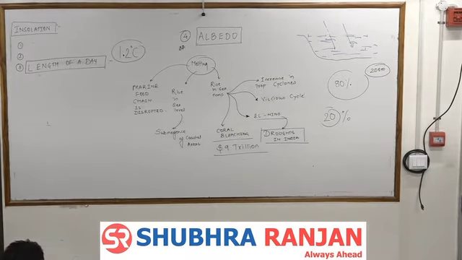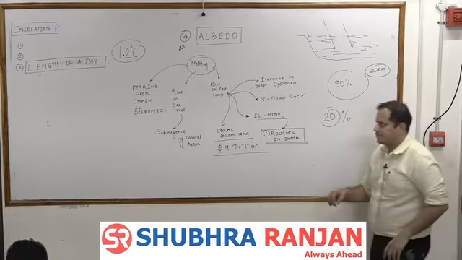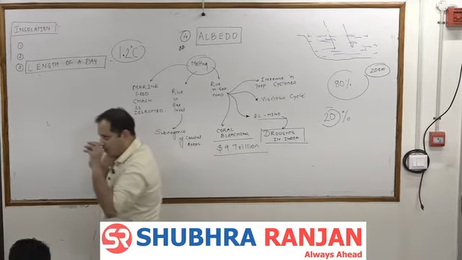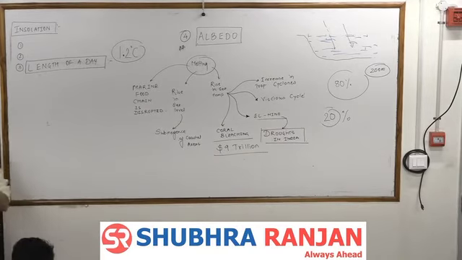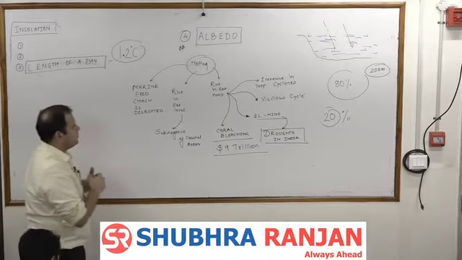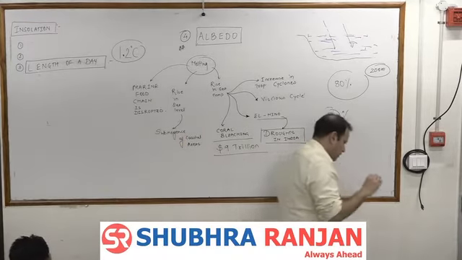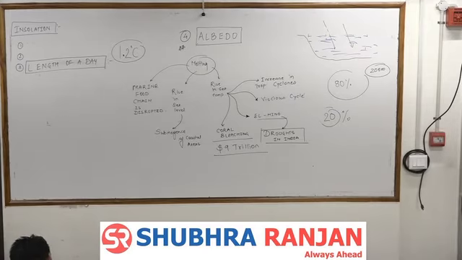Albedo is defined as the amount of incident solar radiation, or the amount of insolation, which after falling on the surface of the earth is reflected back.